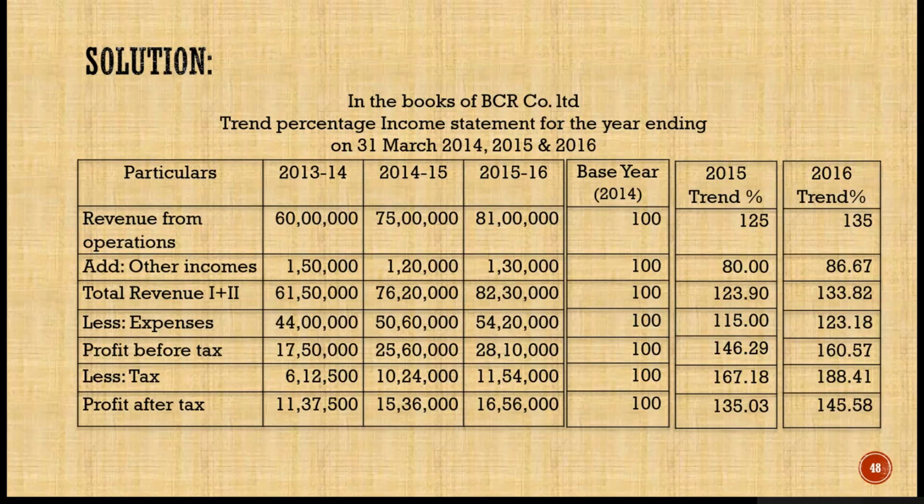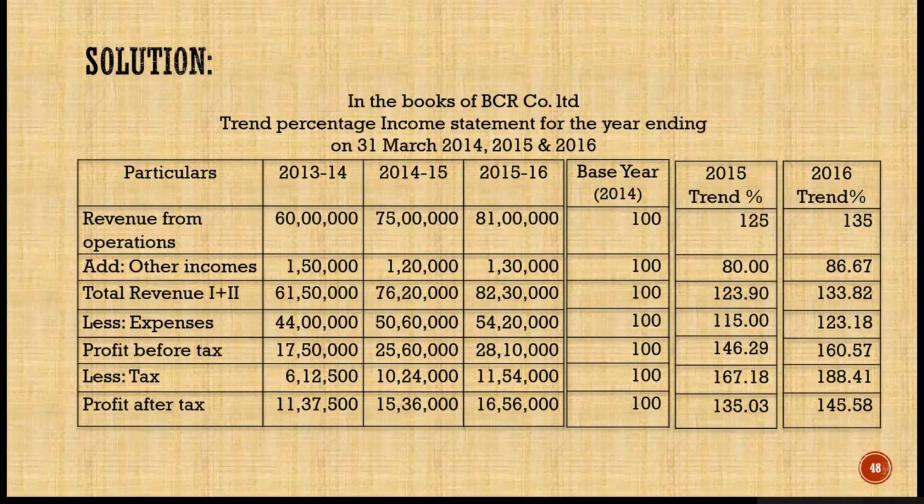So that's why it shows trend percentage 86.67, which is below 100%. So likewise, by applying the formula, we have received all these figures. Again, I am repeating the formula for calculating trend percentage: trend percentage is equal to present year value divided by base year value into 100.